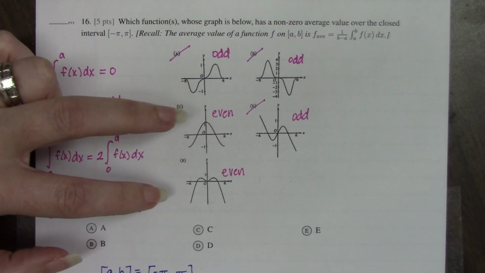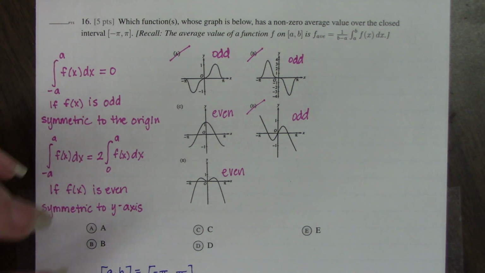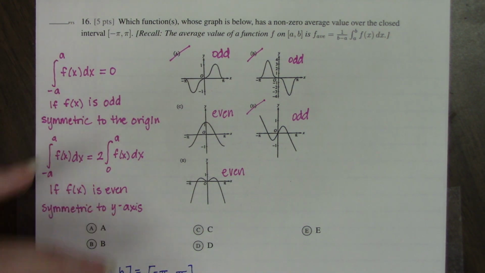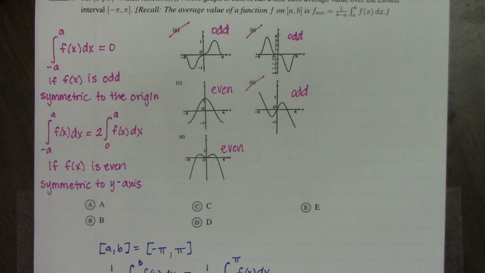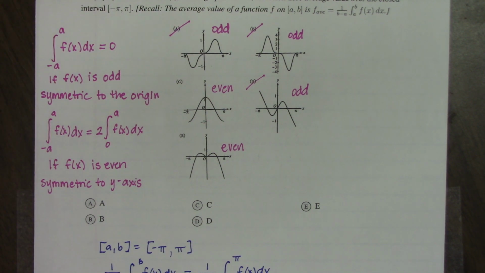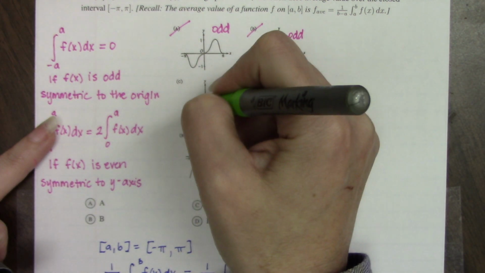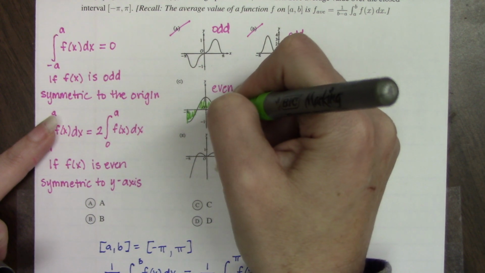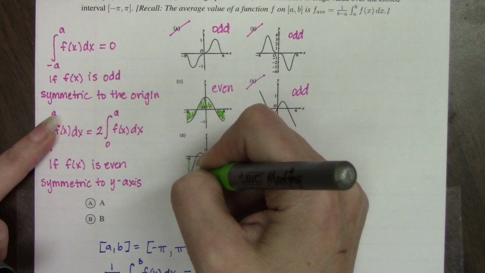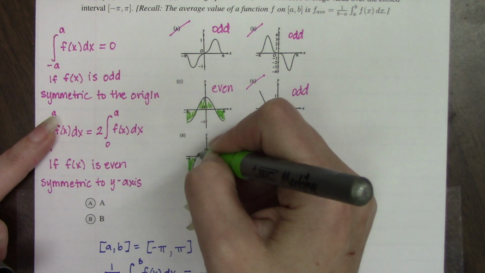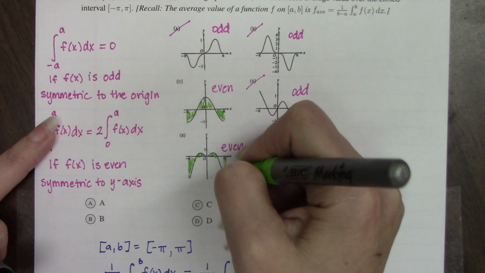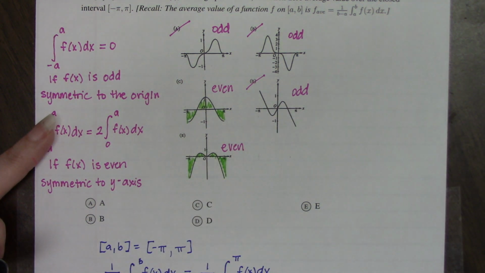And remember, we need to verify, would the area give us a non-zero result? And if that's the case, then we select it. So from negative pi to pi, the region would be right here. And from negative pi to pi, the region would be here.